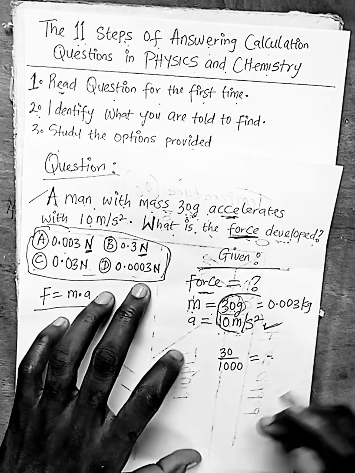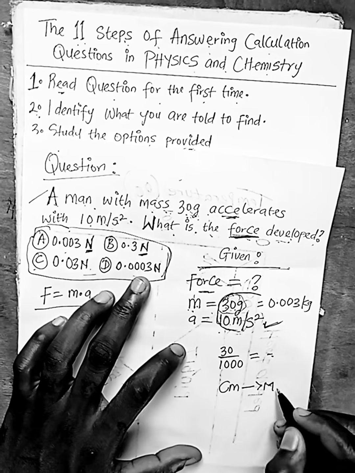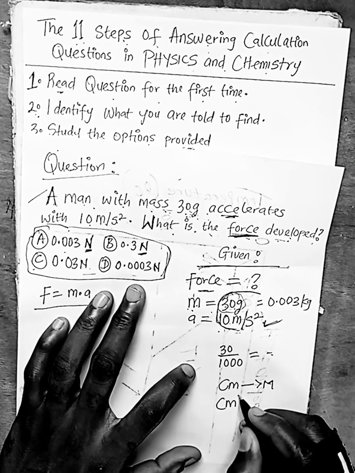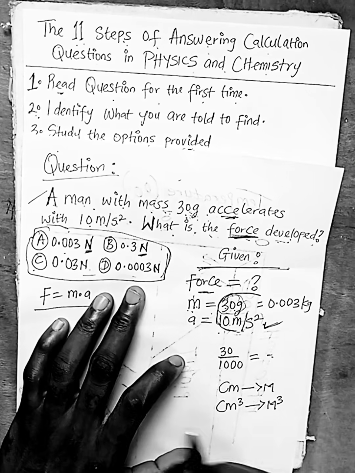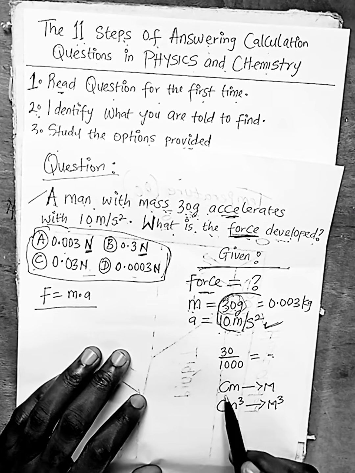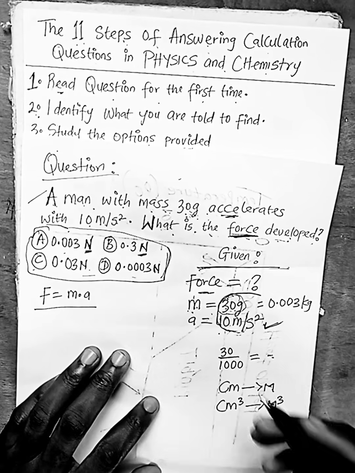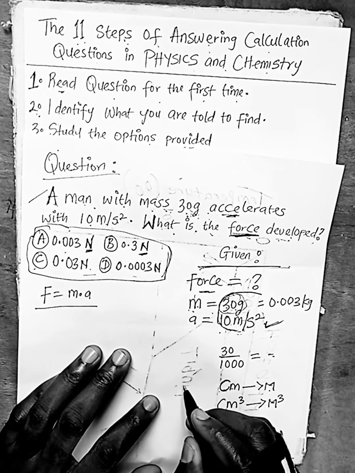Remember other conversions like converting from centimeter to meter, or converting from square centimeter or cubic centimeter to cubic meter. You can also convert back. To convert from centimeter to meter, since you are converting a smaller unit to a bigger one, you divide by 100.